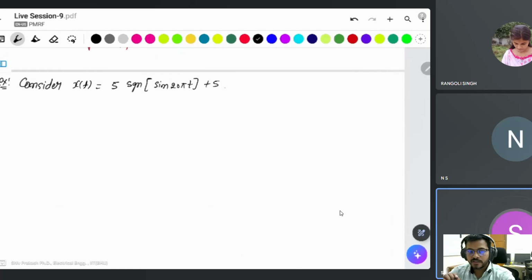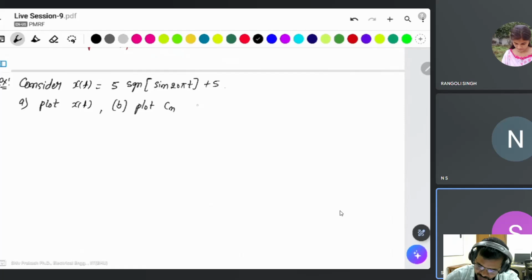This is the signal x(t). The first question, A, is to plot x(t). B is to plot Cn. C is to plot Dn.